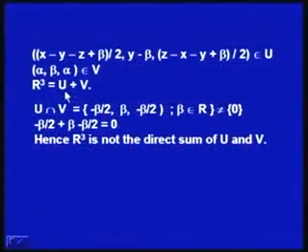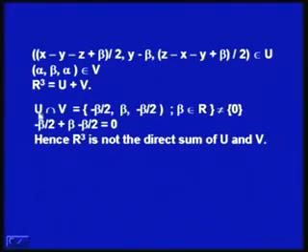In fact, this sum has two independent constants alpha and beta. So, changing the values of alpha and beta, you can express R cube in many different ways. So, it is not a unique representation, and that is why although R cube is the sum of U and V, it is not the direct sum of U and V.